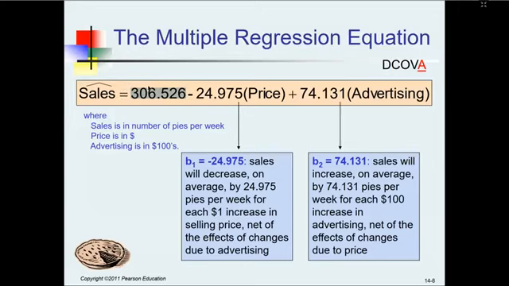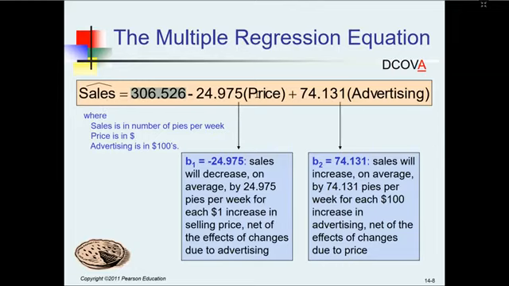Good. And what is the interpretation of beta 1? So this is a beta. Beta 1 is minus 24.974. What's the interpretation of beta 1? The interpretation of beta 1 is that, all things being equal, when you increase price by 1 unit, there is a corresponding decrease in sales.